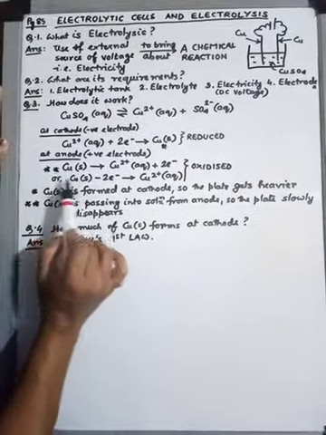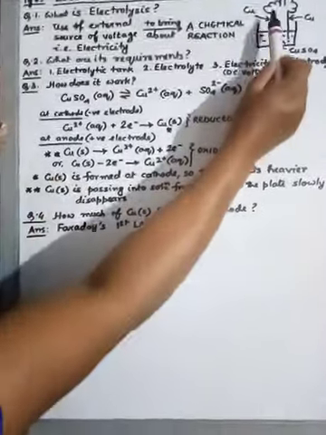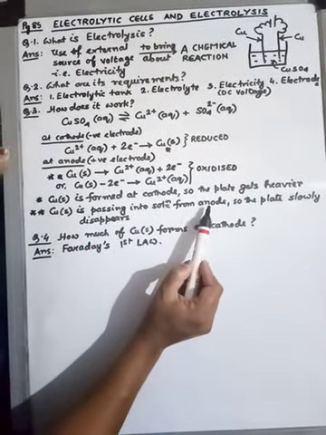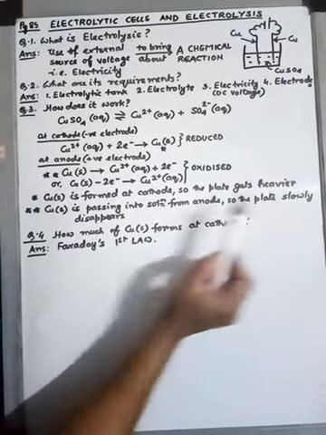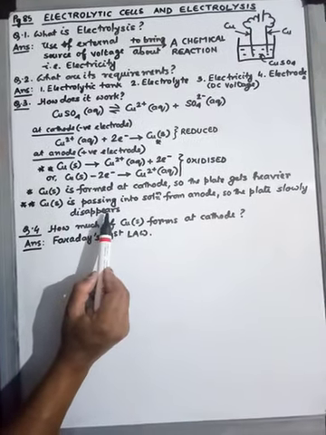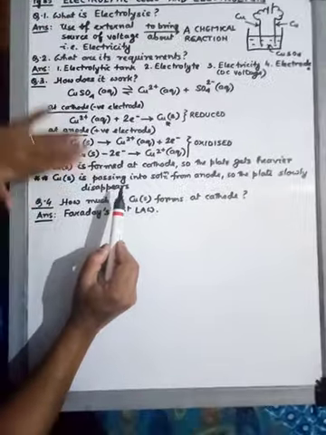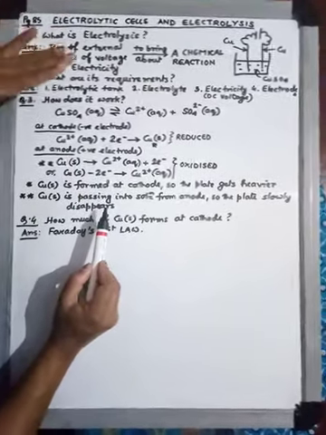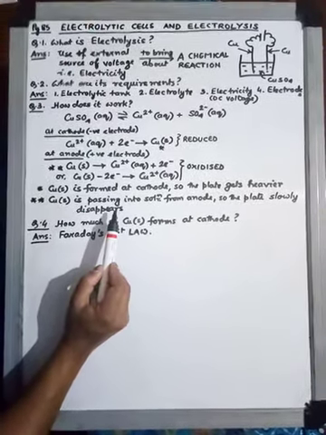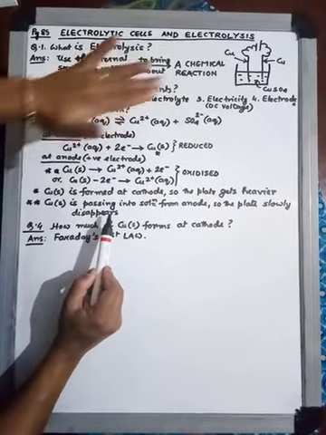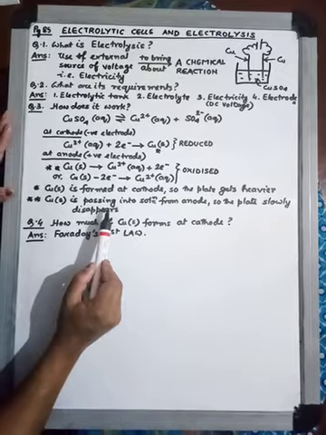What about the other, this copper solid, which was this electrode? This is passing into the solution from the anode, so the plate will slowly disappear. So I hope you have understood what electrolysis is, what the requirements for carrying out electrolysis are, and how it works exactly when we have such an arrangement.